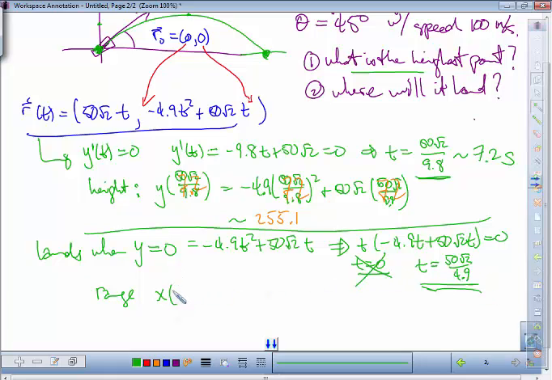Let's call it 50 root 2 divided by 4.9, approximately 14.4 or something. And that's 50 root 2 times t. That's pretty simple. And let's hope we get a positive number.